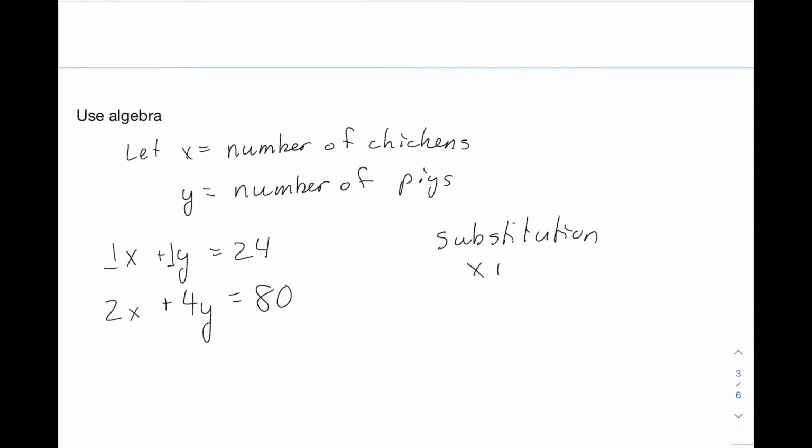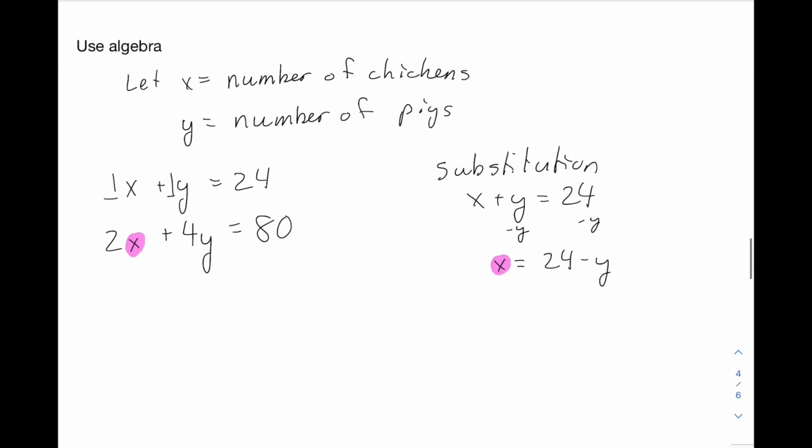So I'm going to take x plus y equals 24, and I'll solve for x. So I'll have x equals 24 minus y. So now that I know that x is 24 minus y, I can say everywhere that I have an x, I'll replace it with 24 minus y.